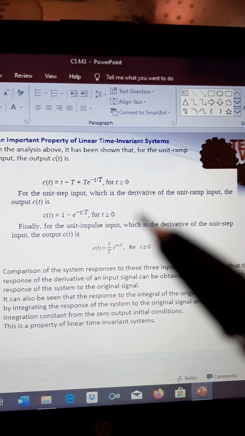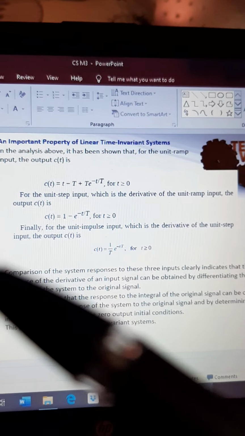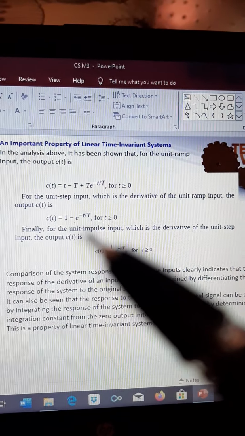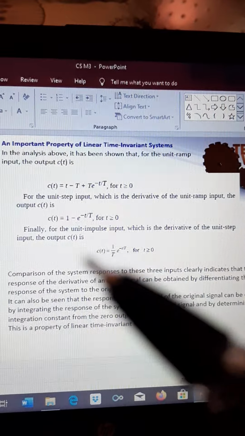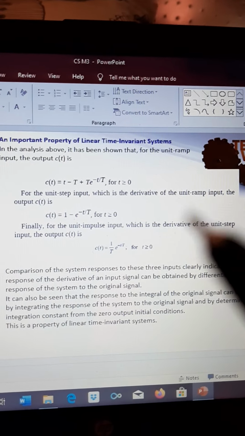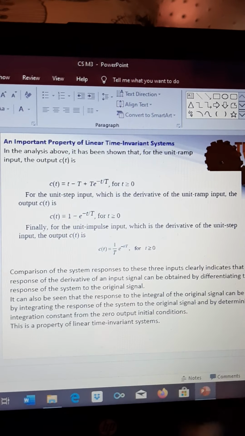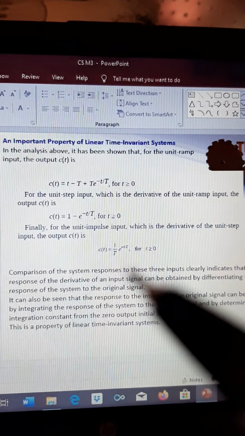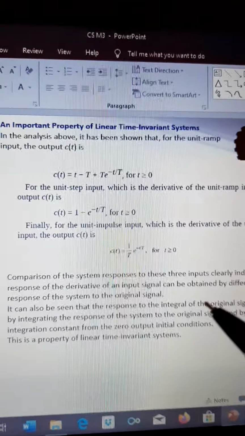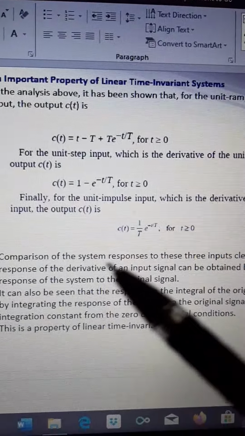Now, for the unit impulse, which is the derivative of the unit step input, the output c(t) is 1 by T e to the power of minus t by T for t greater than or equal to 0.